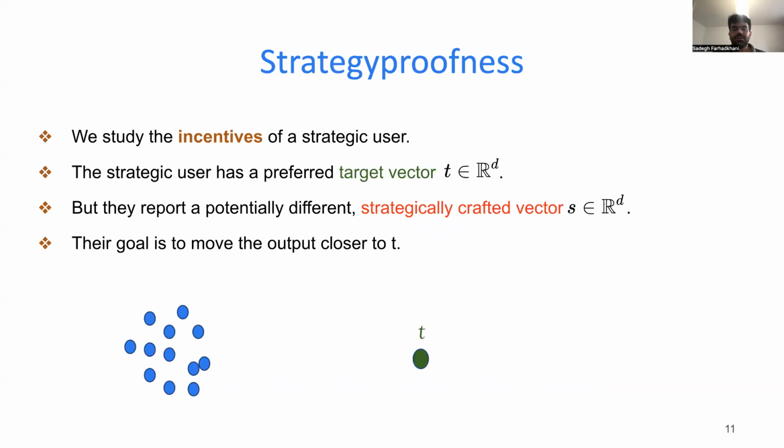What is strategyproofness? Strategyproofness is a desirable property that ensures that it's in each user's best interest to behave truthfully and to reveal their true preferences.